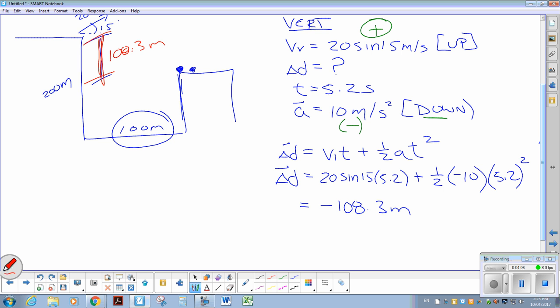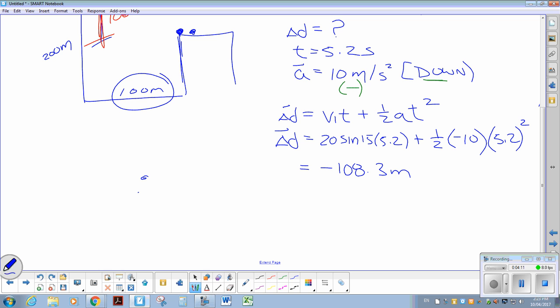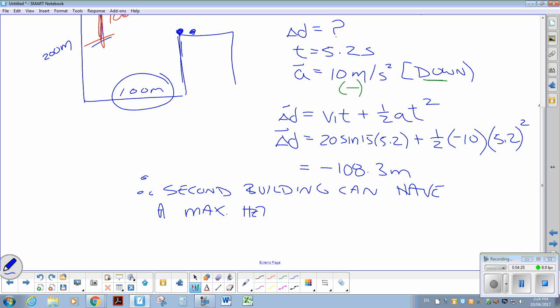So that means the second building can have a max height, because this is as high as it can be, of 200 minus the 108.3, which is 91.7 meters tall.